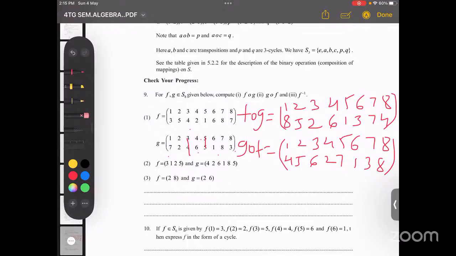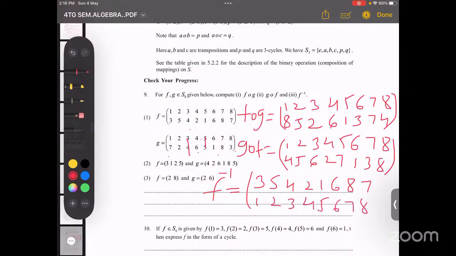First you write f inverse equals, interchanging this: 3, 5, 4, 2, 1, 6, 8, 7 in the numerator, and in the denominator, the second row, 1, 2, 3, 4, 5, 6, 7, 8. So interchange of the second row to first row is called f inverse.